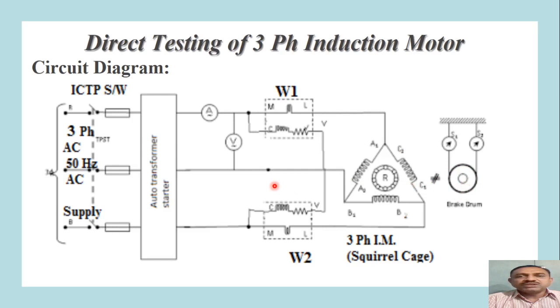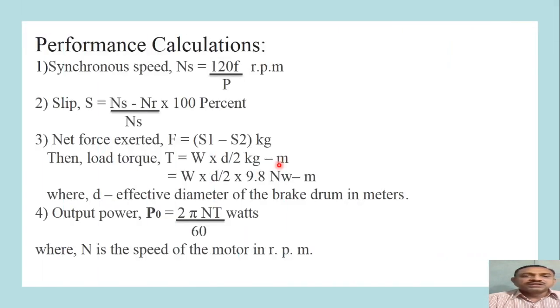Whatever readings we have obtained, we can use to evaluate various parameters, which we will now discuss. The readings I just described will be helpful to calculate the performance parameters of the 3-phase induction motor. The synchronous speed we can get from the specification of the motor itself, that is Ns equal to 120 F upon P, where F is the frequency of supply, in India 50 Hz, and P is the number of poles of the induction motor.